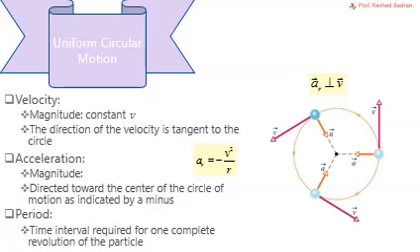We can find the time required for a complete revolution in this circle as well. If we know the complete revolution, rotating one cycle, this time is nothing more than the circumference of the circle, 2 pi r, divided by the speed v, which is constant.